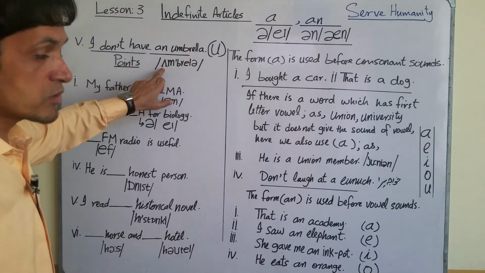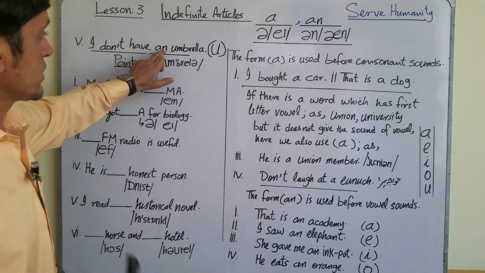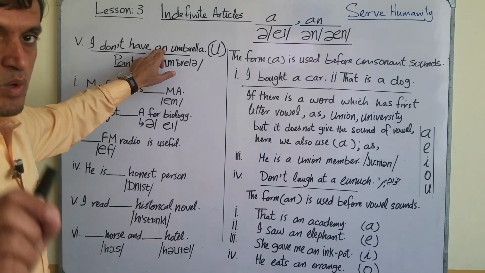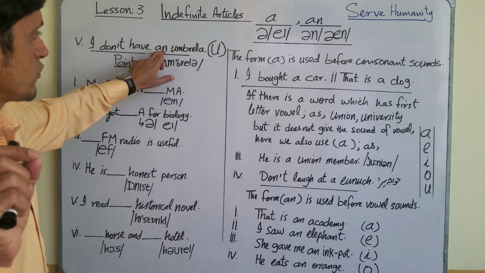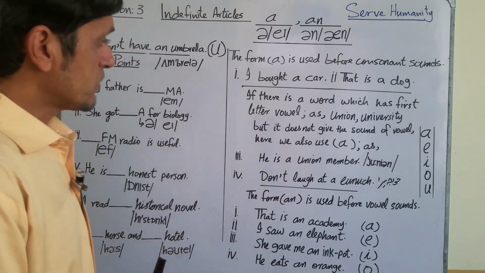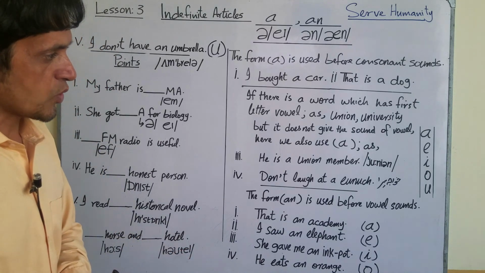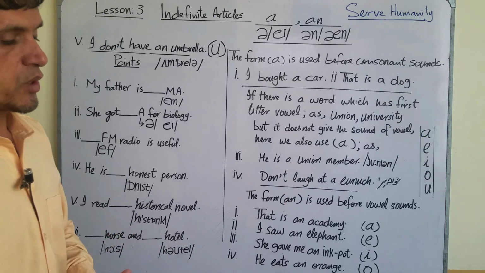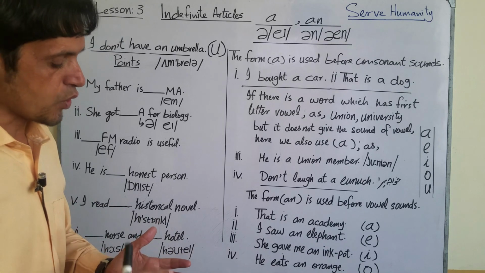So this is the sound of a vowel, not a consonant. That's why we write an here, and we say that we will use an before words which have a vowel sound at the beginning. Not consonant sounds. We are discussing sounds, but most people don't know sounds, so for their ease, we have 5 vowel letters: A, E, I, O, U.